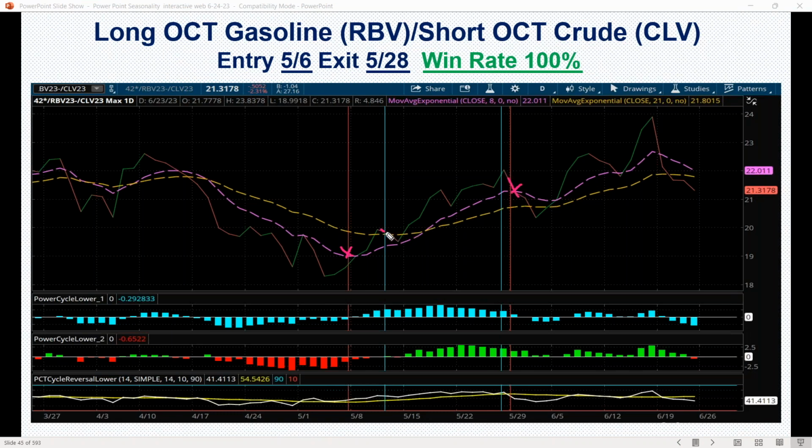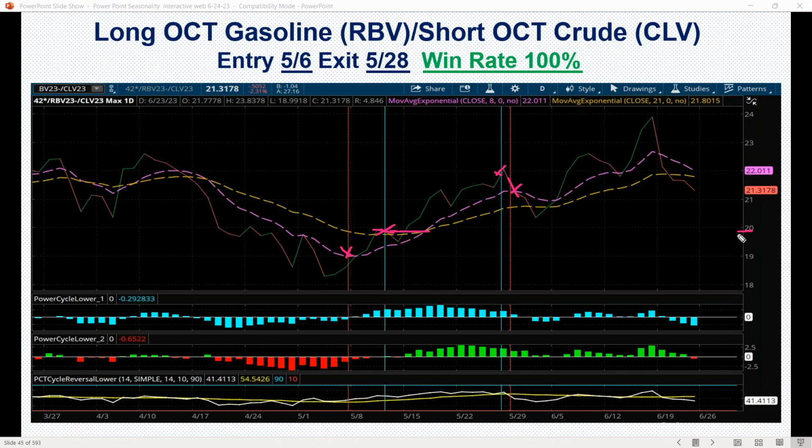Now the system cycle model would have been out in here and out there, so a little bit better entry and exit on this one. So if you did this crack spread, I'll just go with the trading model. We were looking for this to move. So we would have been right here. And this is adjusted per barrel per spread. And this is what I'll teach you.